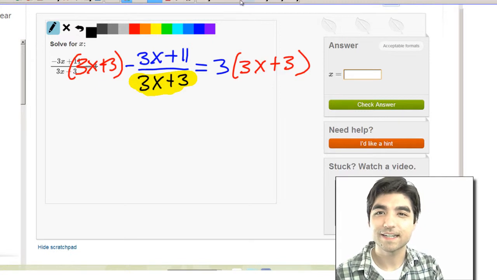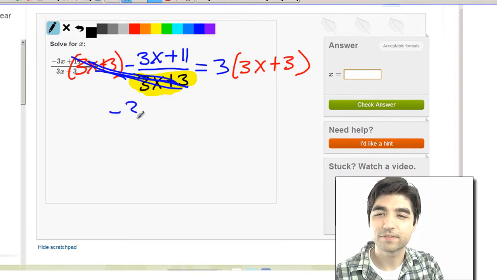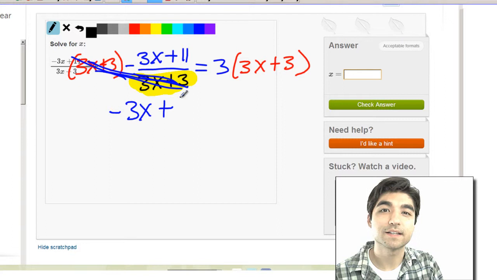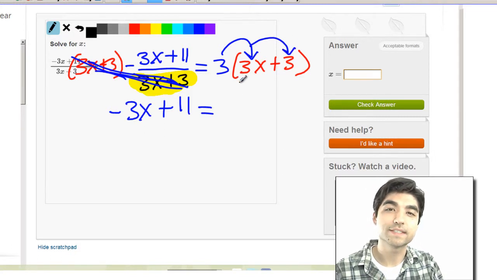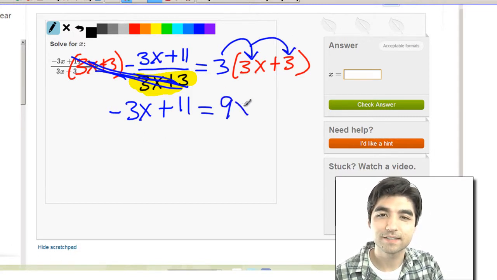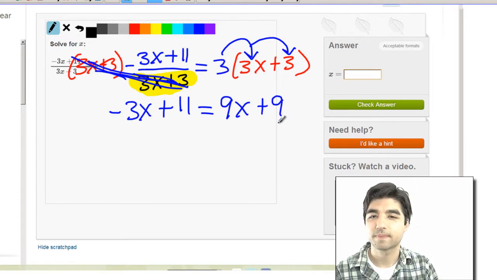Okay, on the left-hand side, it gets a lot prettier because this 3x plus 3 cancels out and that 3x plus 3 cancels out. And we're left with just negative 3x plus 11. And that equals the distributive property, 3 times 3x and 3 times 3. So 3 times 3x equals 9x plus 3 times 3 equals 9.